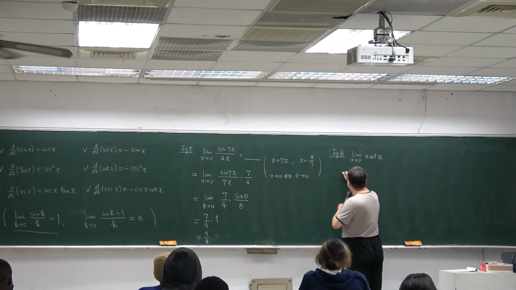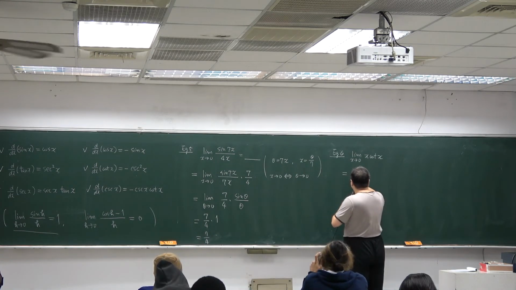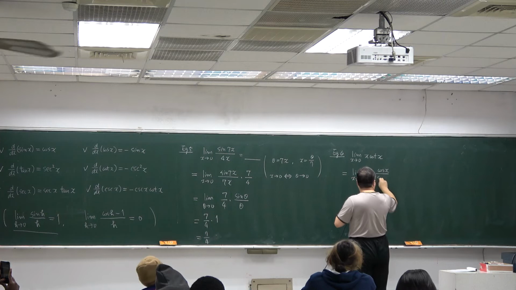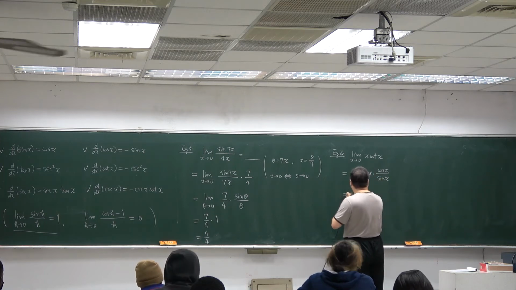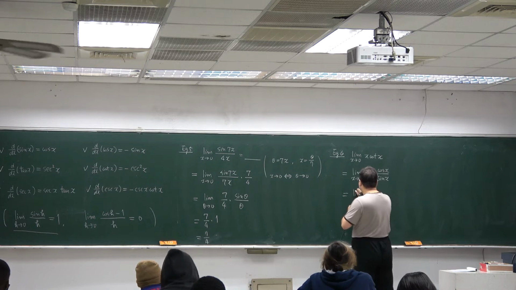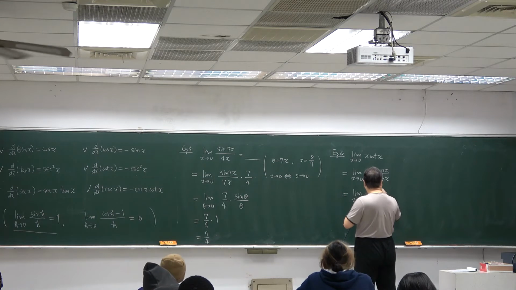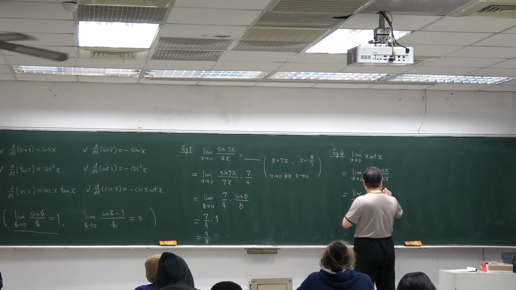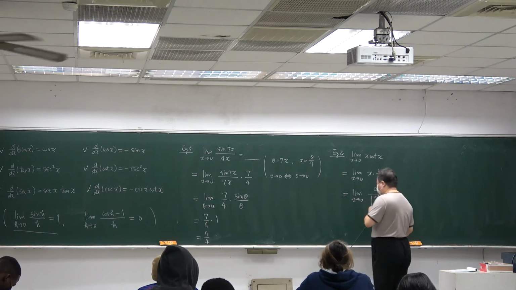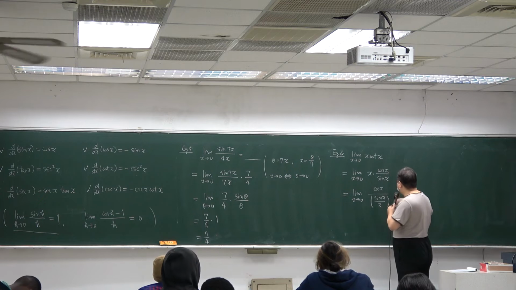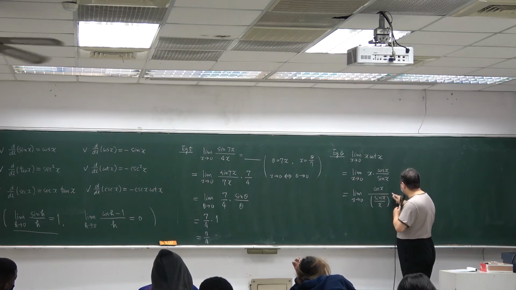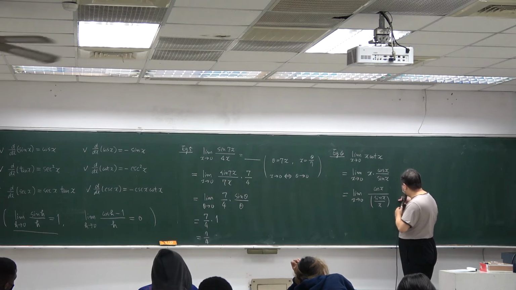Okay, similarly for this one, because cotangent x is cosine x over sine x. We write this as these two expressions are the same, because if you multiply x, then x and x are cancelled.